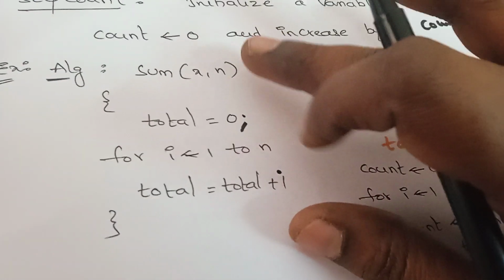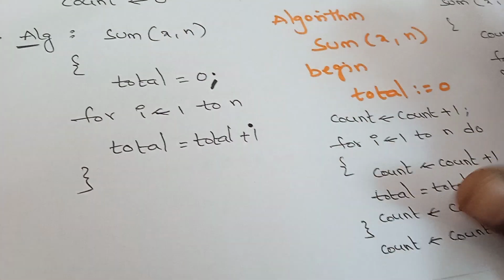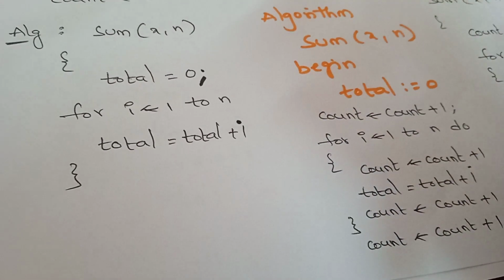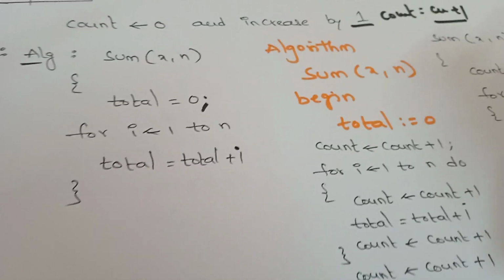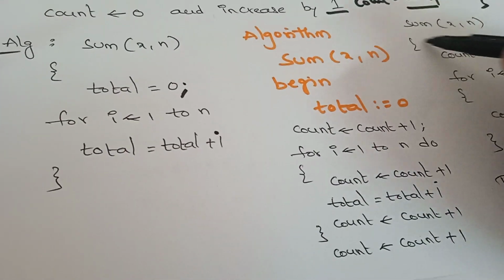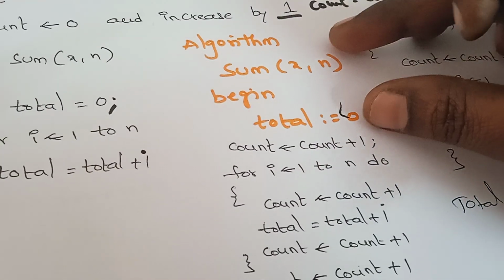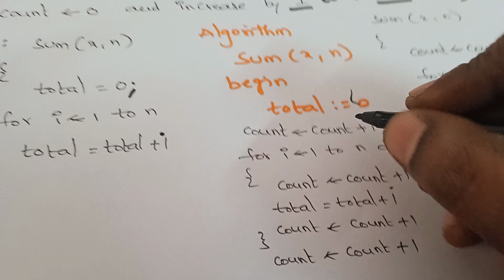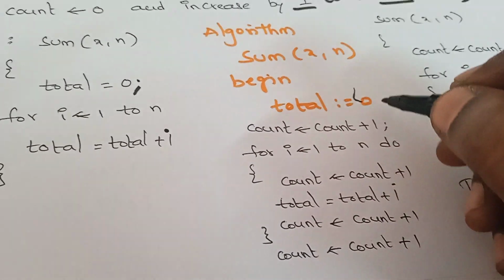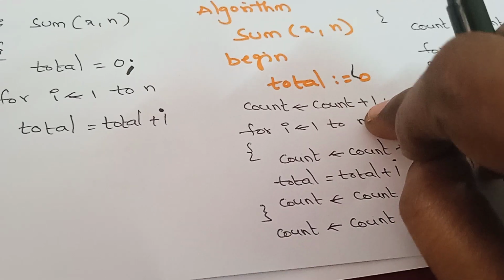Now, in order to calculate the complexity of this algorithm, I am putting in this count. Wherever I get a count, there we will put the statement. Sum x comma n, begin, total equal to 0. Till these three statements we did not have any count variable. When you come to total is equal to 0, as you have one variable, one count has been increased.